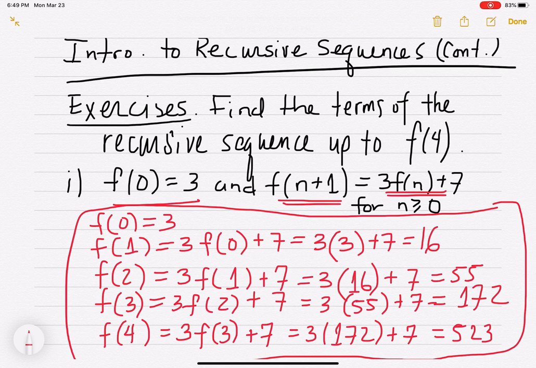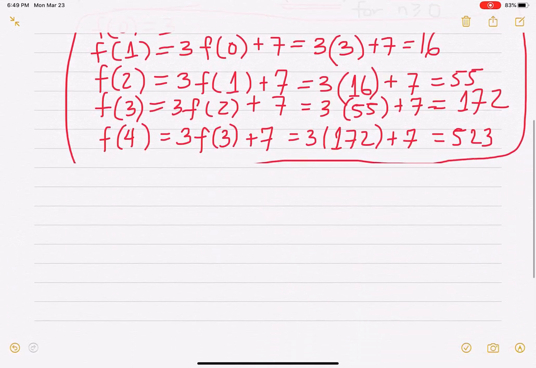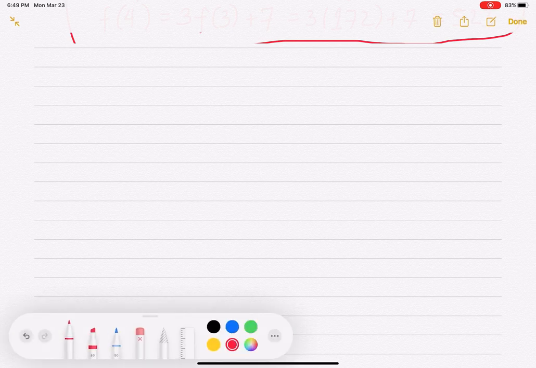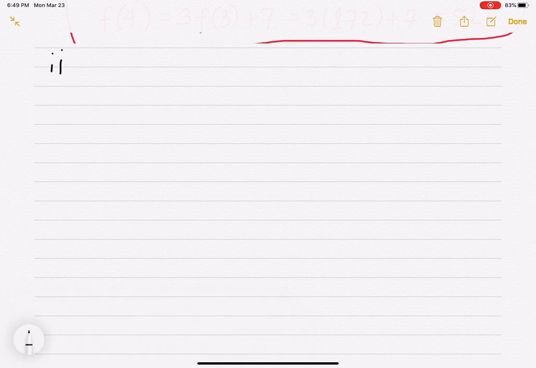All right, let's do one more example. How about exercise 2? So our initial term, the 0th term, is going to be 3. So f of 0 is 3. And we're going to find f of n plus 1.